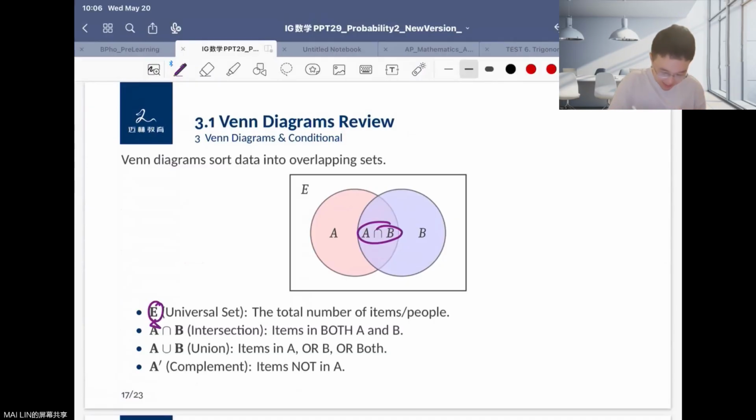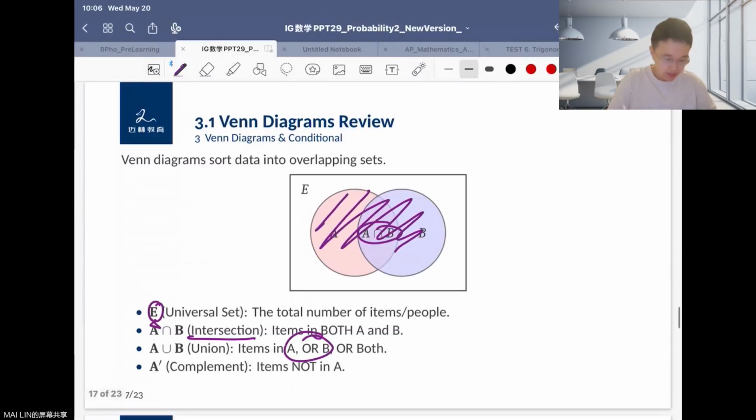Then we have the intersection, A and B. And the union, A or B, means the total situations of the event. The complement means items not in A.